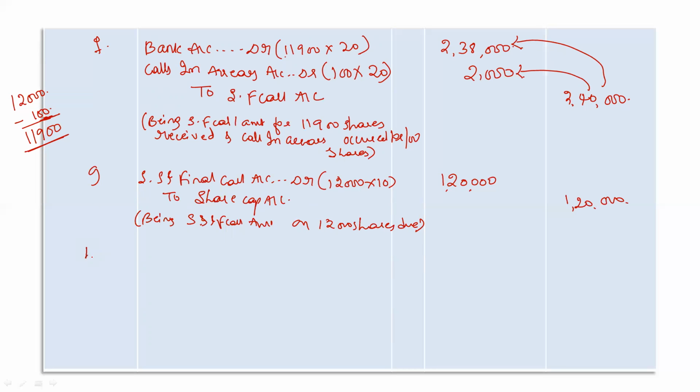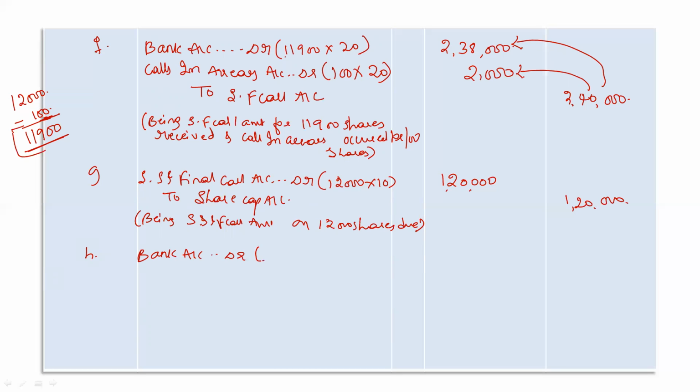Now company has asked you to pay the amount. While payment, in the sense of the receipt entry, company is receiving again less amount. So bank account debit, into my bank account.